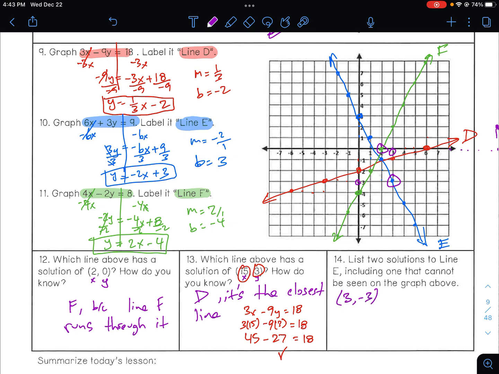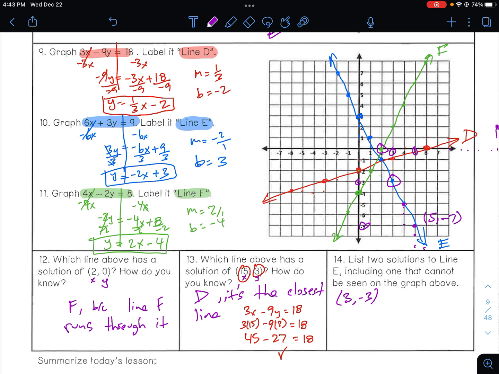And one that cannot be seen on the graph, well, if I kept going down, remember this is a rise of negative 2, run 1, rise negative 2, run 1. So I'm at negative 7. The x is 5 right here. The y is negative 7.